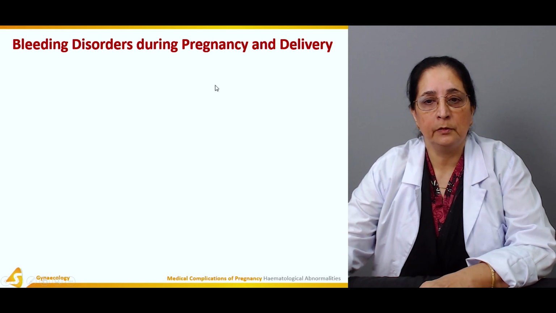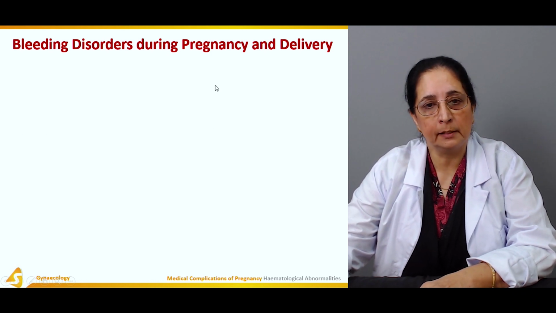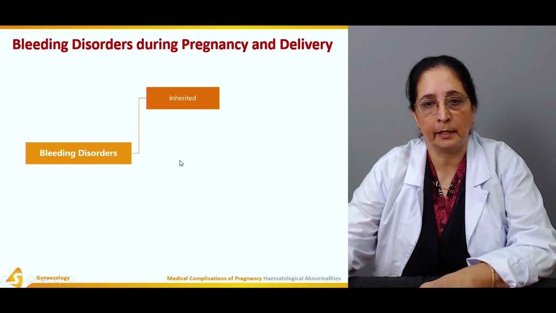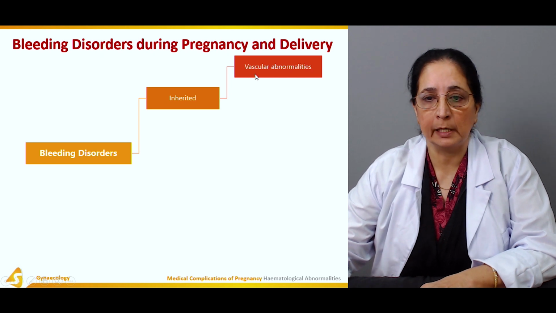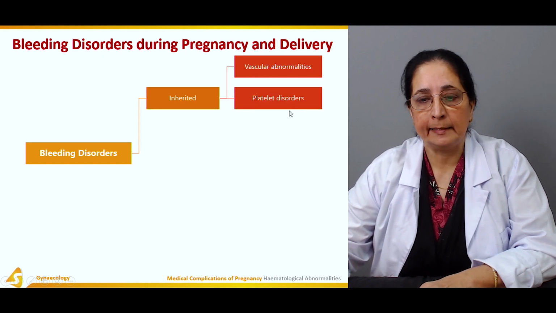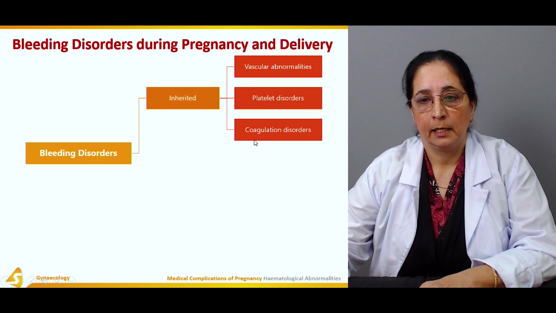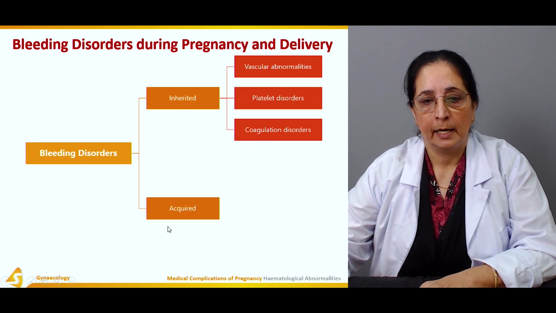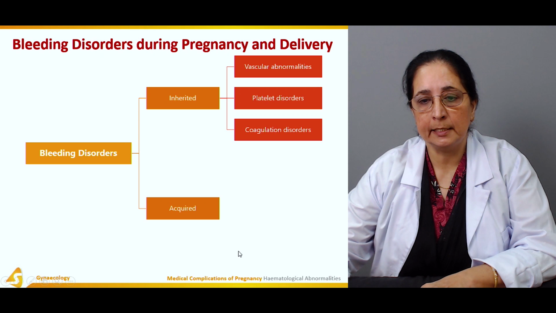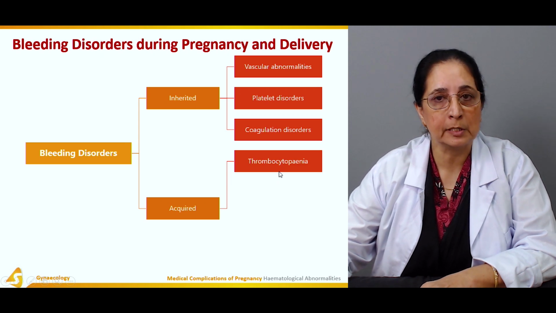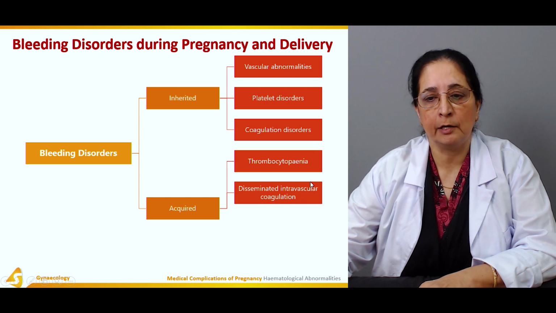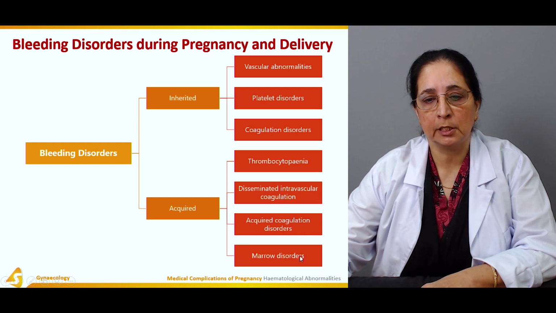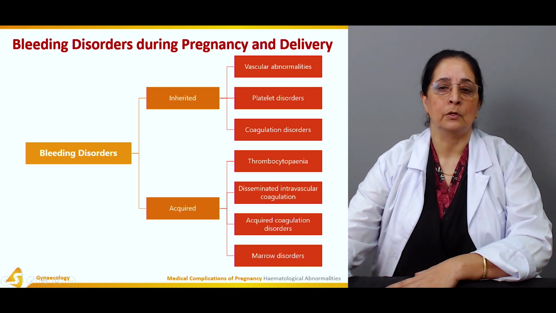Bleeding disorders during pregnancy and delivery. Some bleeding disorders are inherited, which are usually vascular abnormalities, platelet disorders, coagulation disorders, and then we have acquired bleeding disorders in which we have thrombocytopenia, DIC, disseminated intravascular coagulation, acquired coagulation disorders, and then marrow disorders.